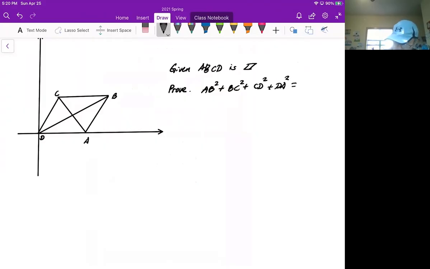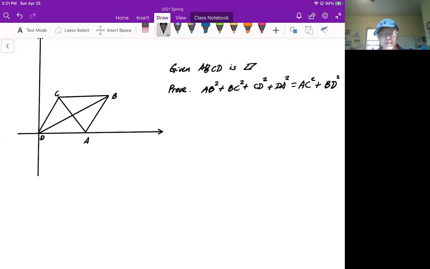That's equal to the sum of the squares for the diagonal, AC and BD. Right. So for any parallelogram, the left-hand side is the sum of the squares for all of the four sides, AB, BC, CD, and DA. The right-hand side is the sum of the squares for the diagonals. And it shows that the two of them are the same.